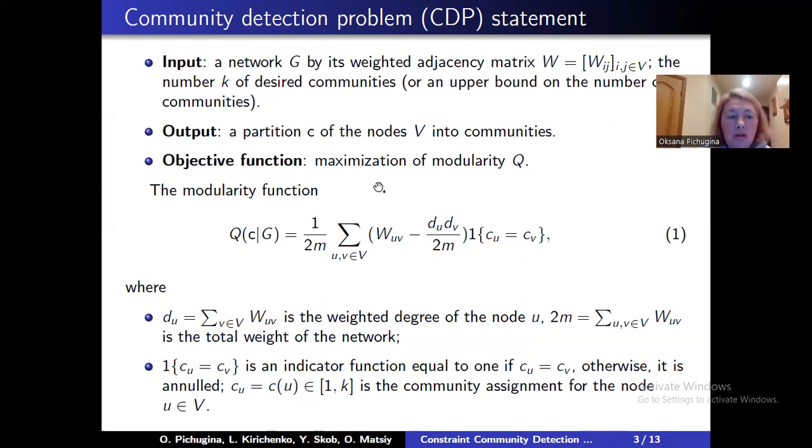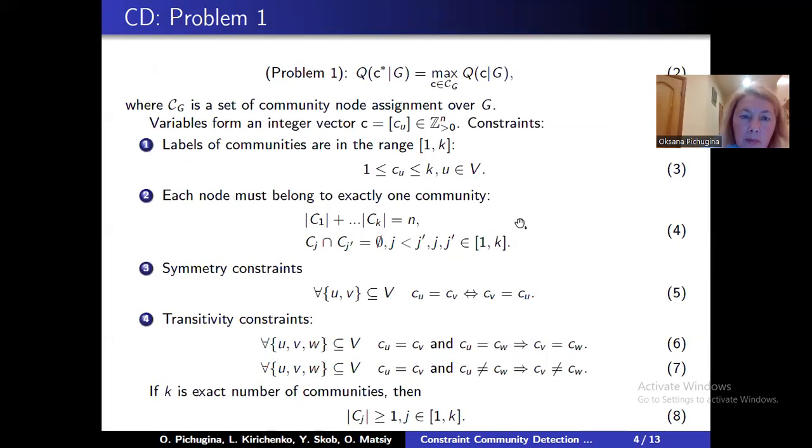The objective function chosen is a popular measure called modularity, given by Formula 1, where weighted degrees of nodes and an indicator function are present. So Problem 1, the standard community detection problem, asks for such node assignment that maximizes the modularity.